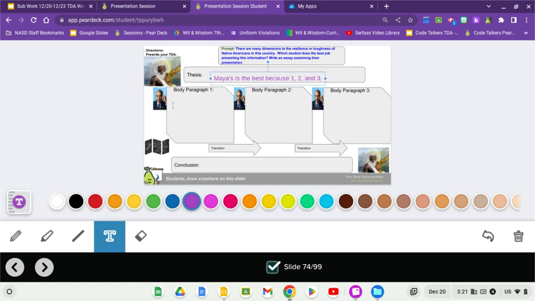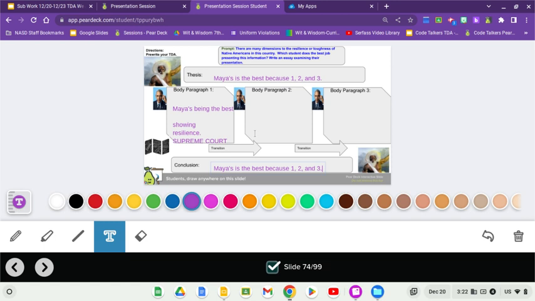And then here we wrote about Maya's being the best, showing resilience, right? And we went over the Supreme Court, right? And then you would probably just repeat that down here.